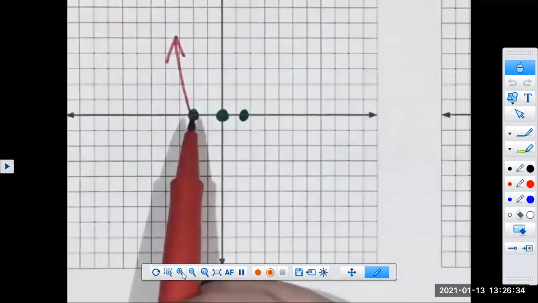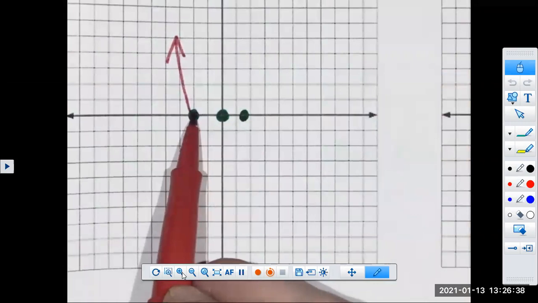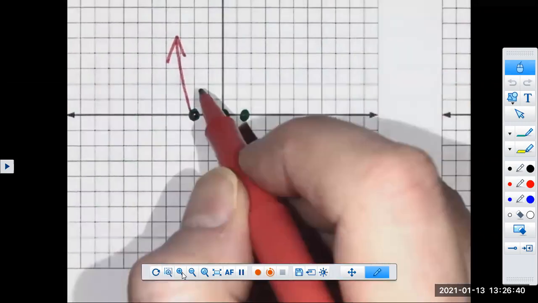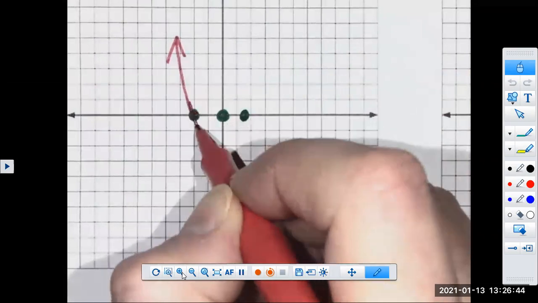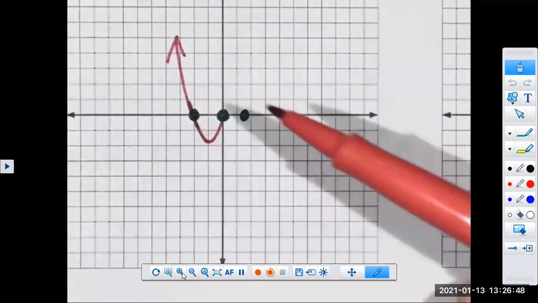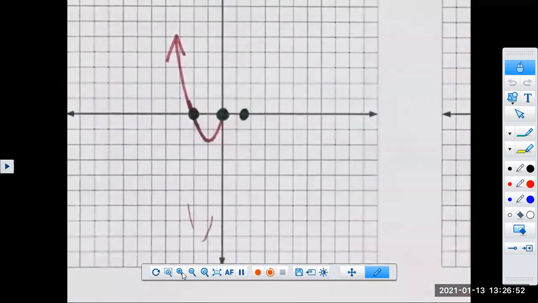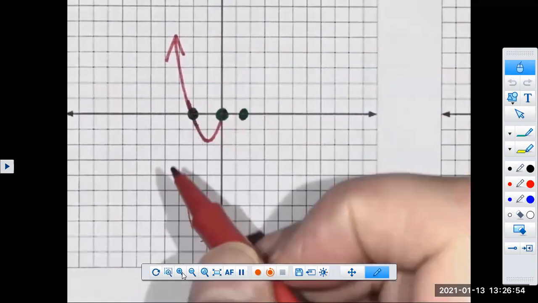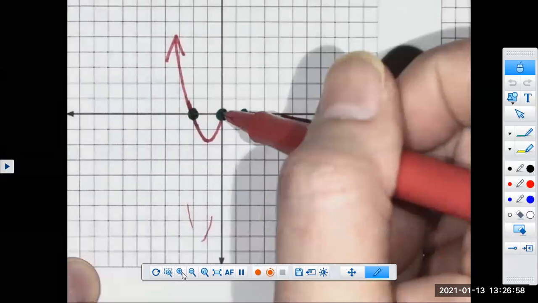Your graph at -2 is going to cross over. We said it had an odd multiplicity, so it crosses through that point, but it has to come back and touch your next point. You can go down however far you want to go. If you want to carry it all the way down here, that's fine. Just kind of estimate or sketch it. So crossing comes back at 0.